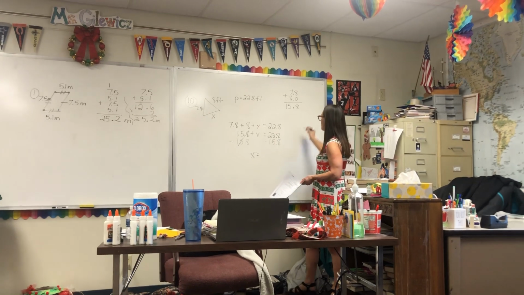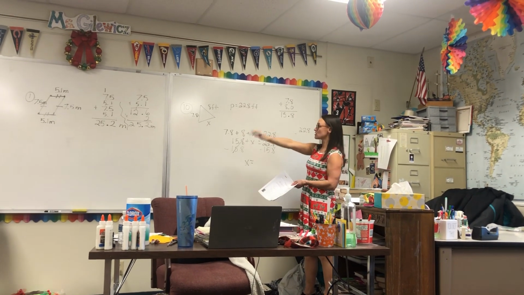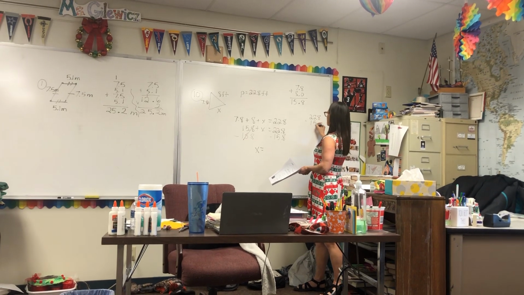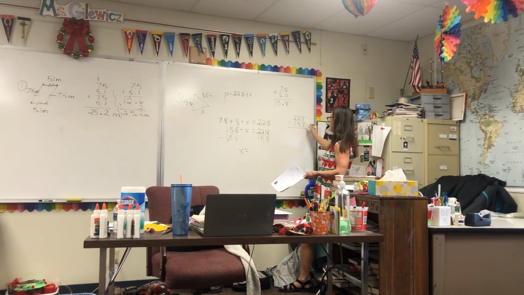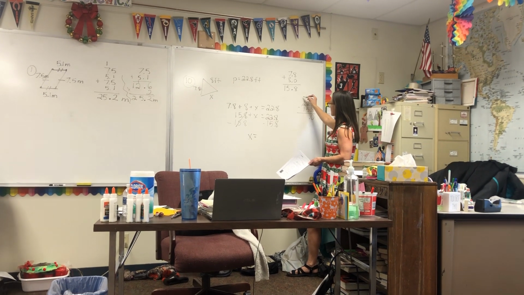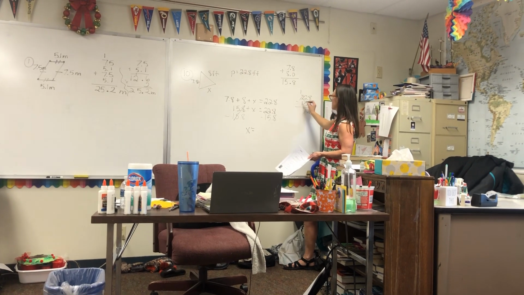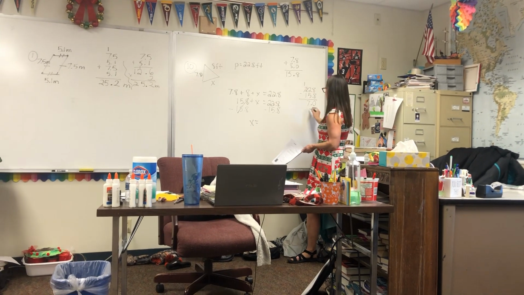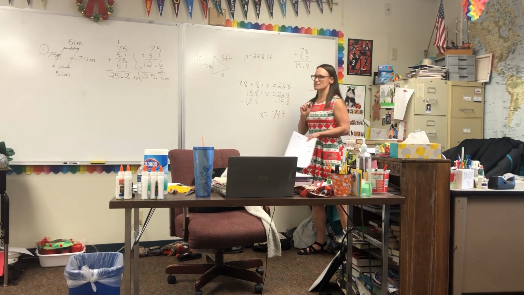Over here, I do a side problem: 22.8 minus the 2 sides added up, which were 15.8. Keep your decimals in line for subtraction. 8 minus 8 is 0, and we have to borrow from the tens place and make that a 1, so we have 12. 12 minus 5 is 7, 1 minus 1 is 0, so X is worth 7, and we're working in feet, so 7 feet.